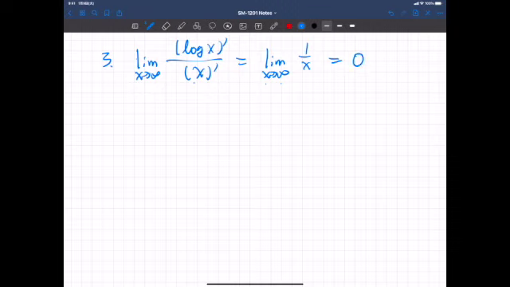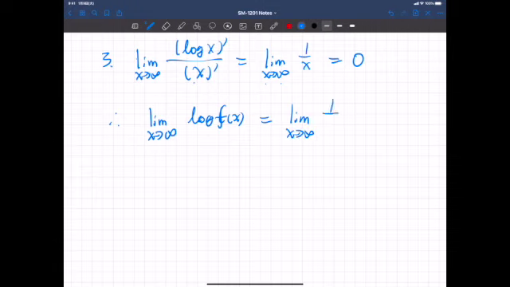So therefore, we have the limit x going to infinity of log of f of x given as this limit, which is 0.